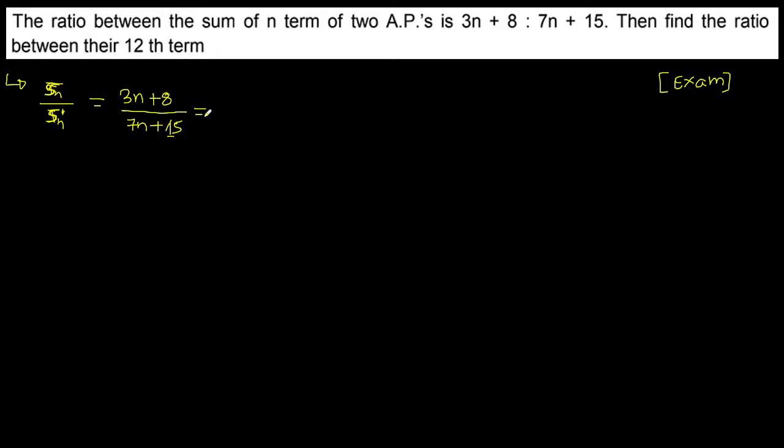So what will happen? The sum will come out to be n by 2 into 2a plus n minus 1 into d. This will also be n dash by 2 into 2a prime plus n prime minus 1 into d dash.